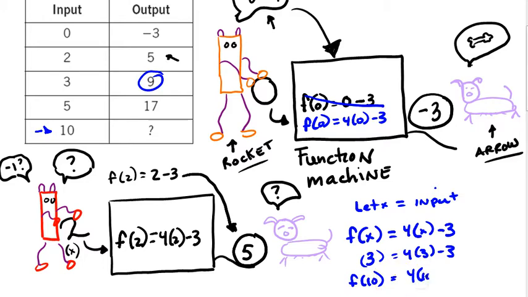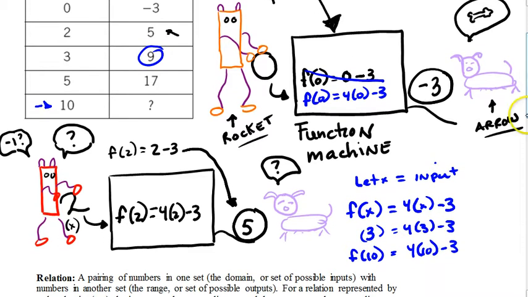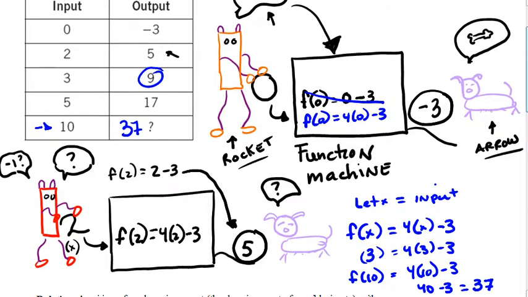His function machine does its work. 4 times 10 is 40, minus 3 gives us 37. So now we know the answer to that part of our input-output table.